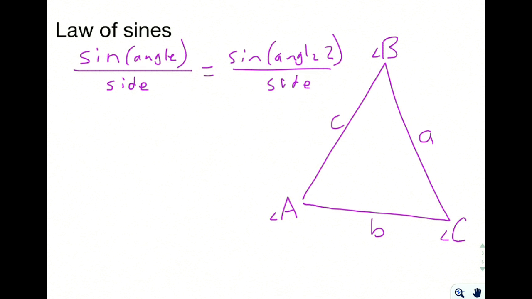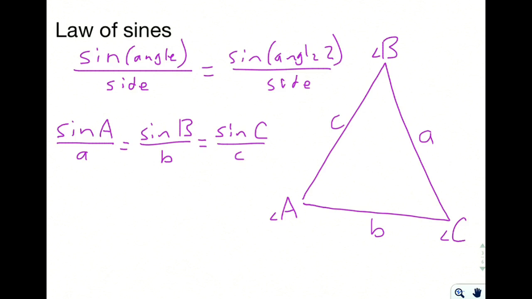So now the formula, the way it's typically written, is going to be sine of A over little a is equal to sine of B over little b. So sine of A over little a equals sine of B over little b. And you could also say that it is equal to sine of C over little c.